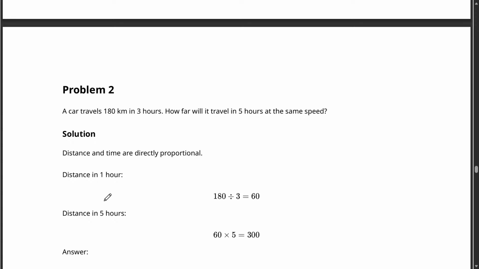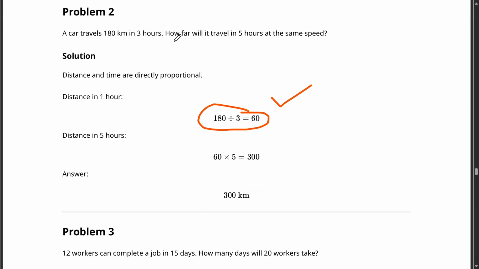So distance in 1 hour: in 1 hour it will travel 180 divided by 3, that is 60 km. And in 5 hours it will go 60 into 5, that is 300 kilometers.